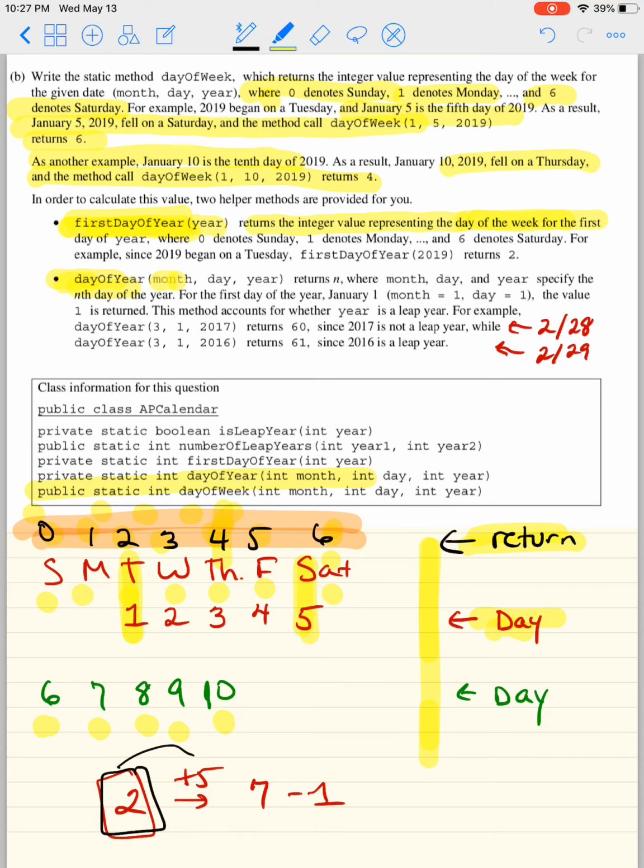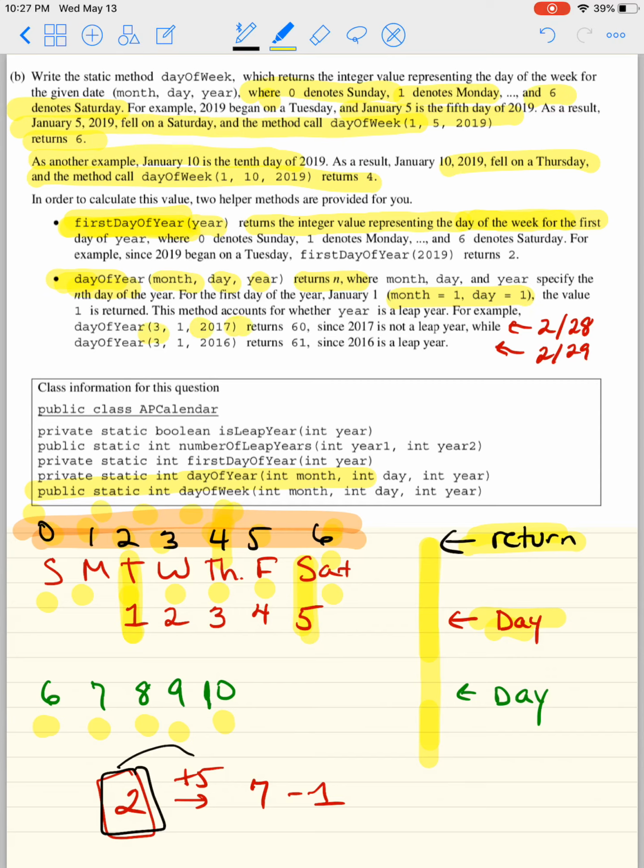dayOfYear takes the month, day, and year, and returns n, where month, day, and year specify the nth day of the year. For the first day of the year, January 1st, the value 1 is returned. The method accounts for whether the year is a leap year or not.